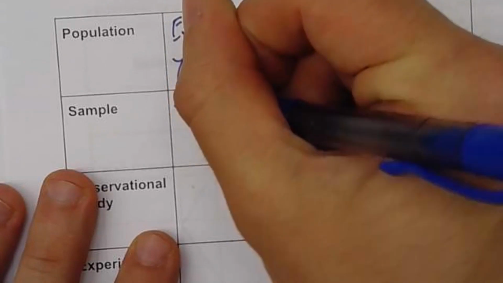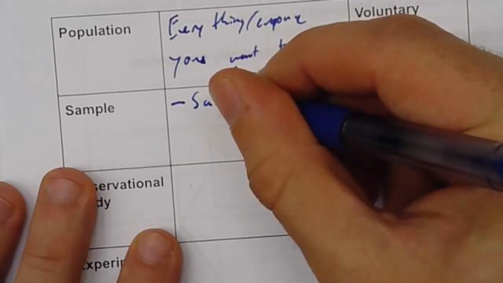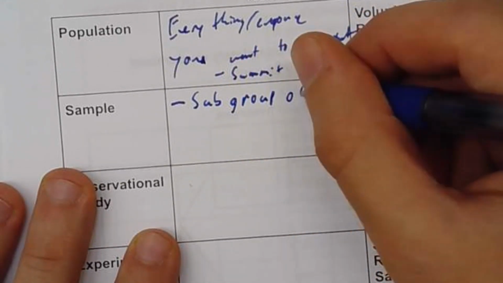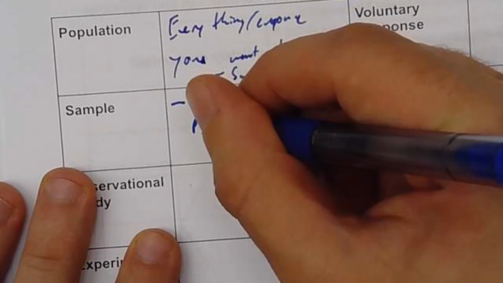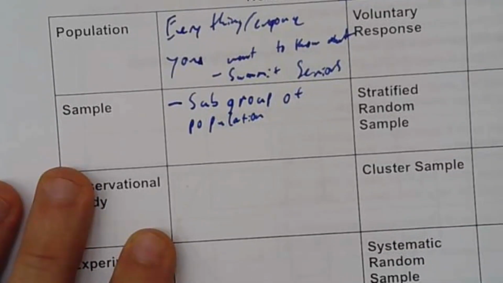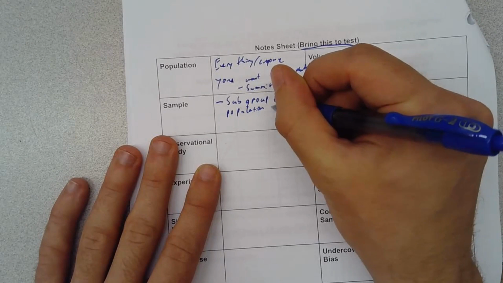Sample is a subgroup of population you gather data about.